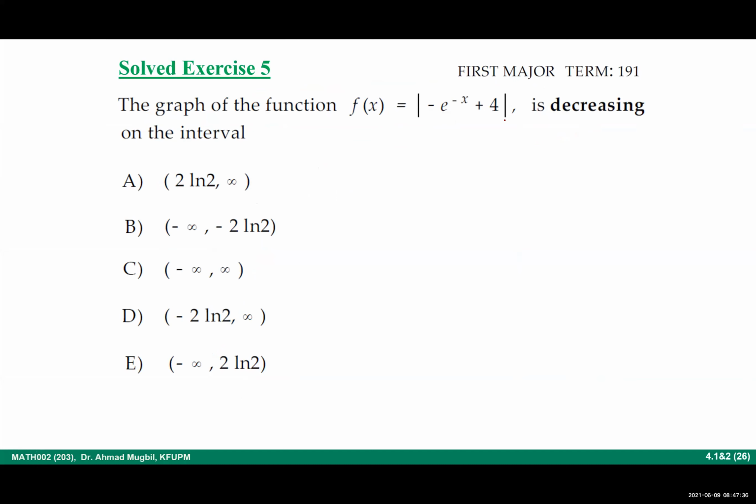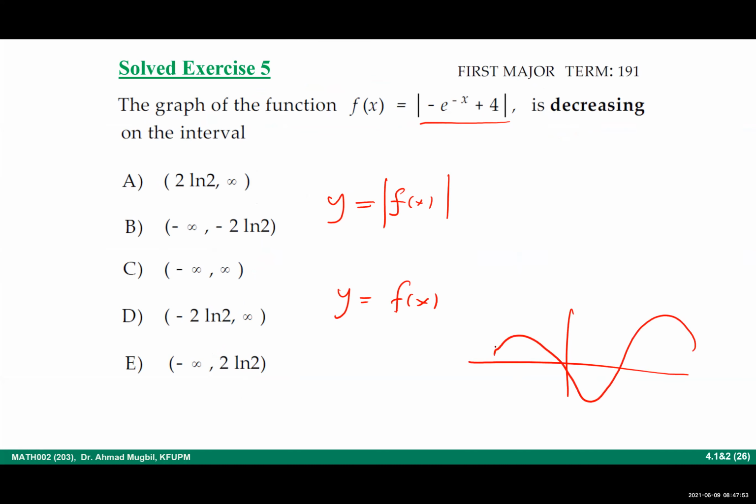How to sketch the graph of this function? It is very important to know how to sketch the graph with absolute value. Okay, you know, in general, when you want to sketch the graph of a function, you should start by sketching this one. For example, it was like this. Now the graph of y equals the absolute value of f of x will be what?